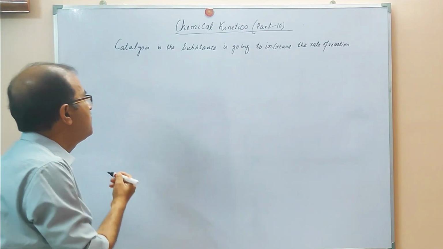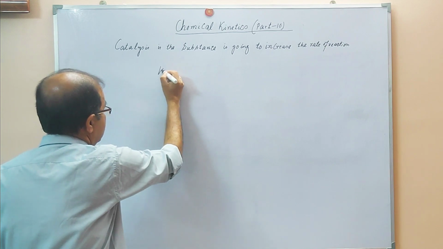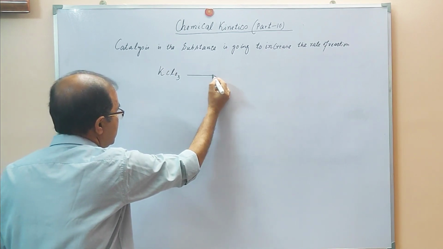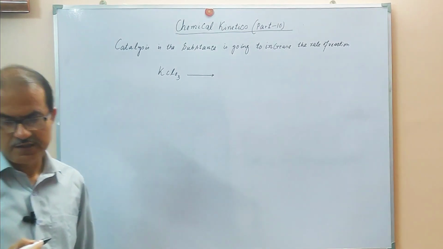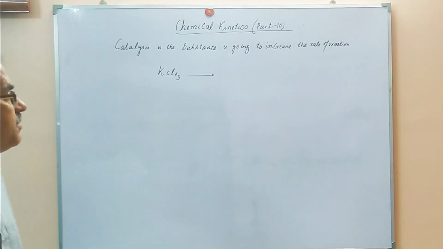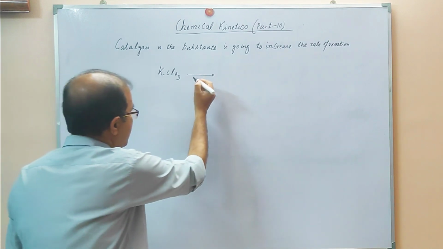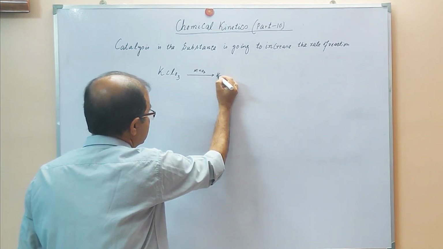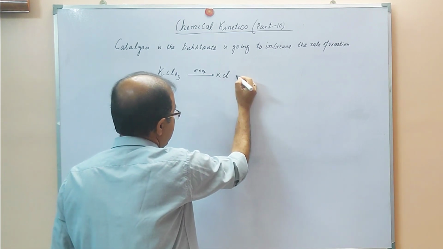As for example, if we take the example of KClO3, at normal temperature the decomposition rate is very less, but when we give some catalyst MnO2, its decomposition rate is very high.